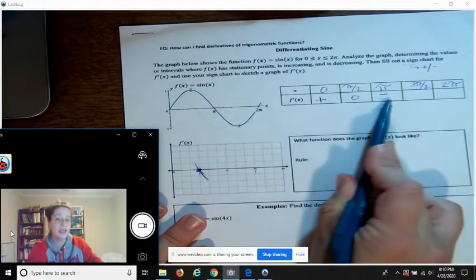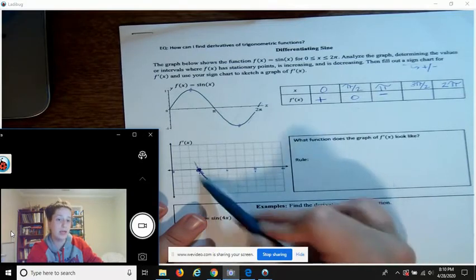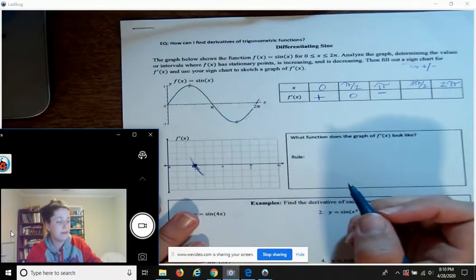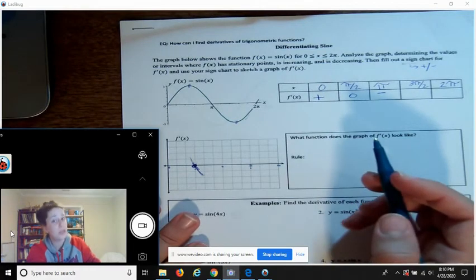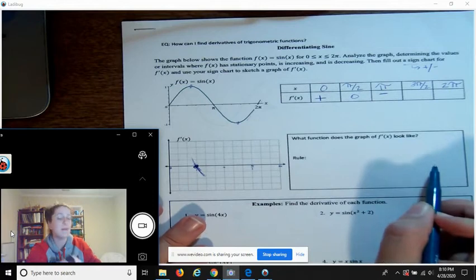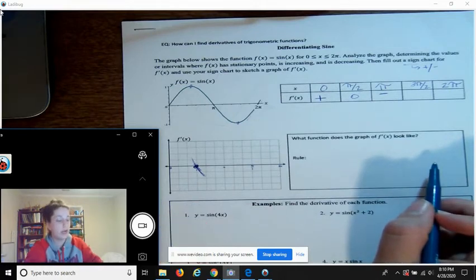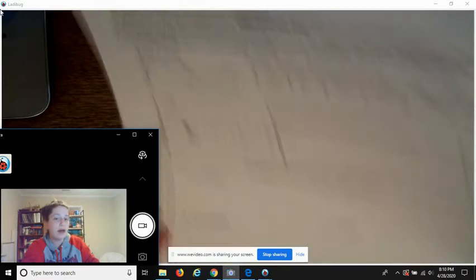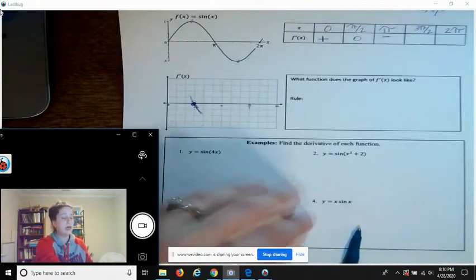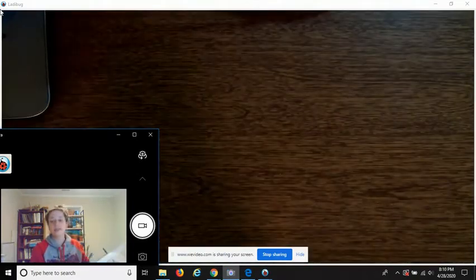A decreasing is going to mean you have values below the x-axis, okay? So then it says, what function does the graph of f prime of x look like? You'll answer that. Hopefully you should be able to see, and you'll write out the rule. I'm going to post the solution for all of this, so don't worry. Then using that rule, you're going to complete all of these examples, and you can check your answer in the solution, okay?